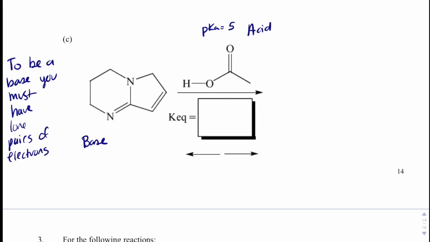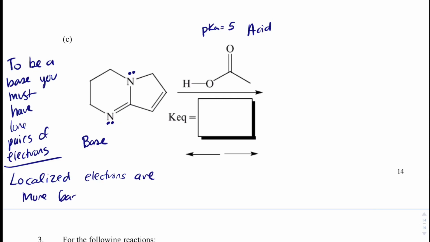To be a base, you must have lone pairs of electrons. Now, with that being said, both nitrogens have lone pairs of electrons. Well, localized electrons are more basic.